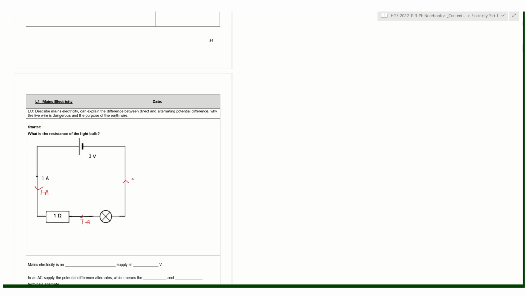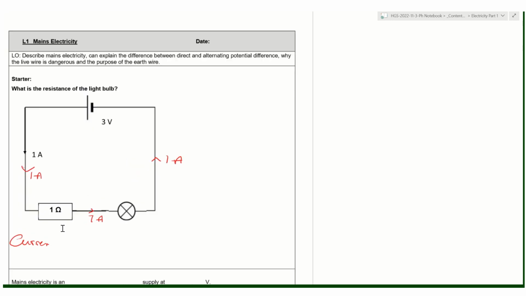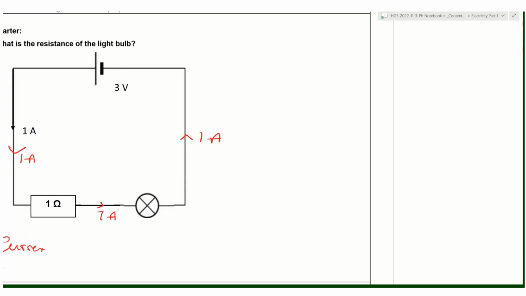So the current through the lamp is equal to 1 amp.